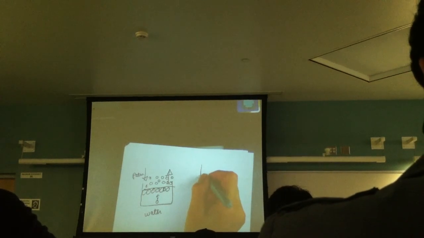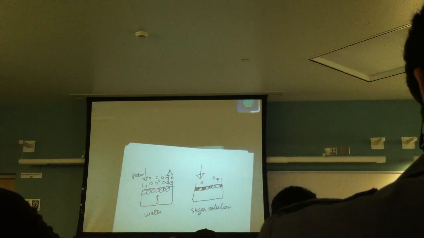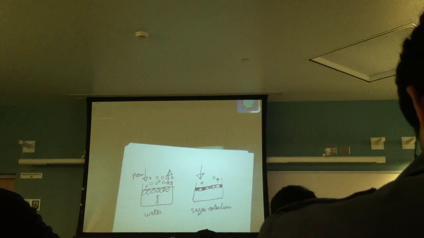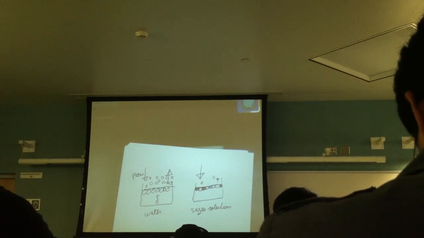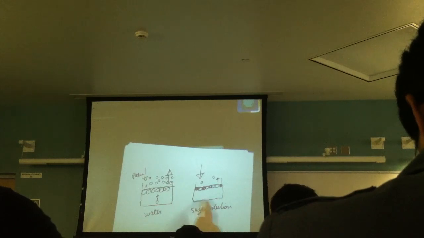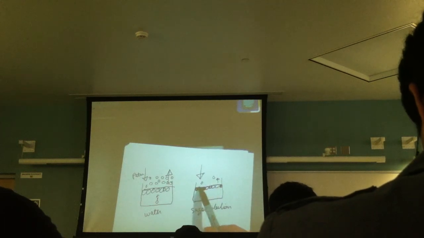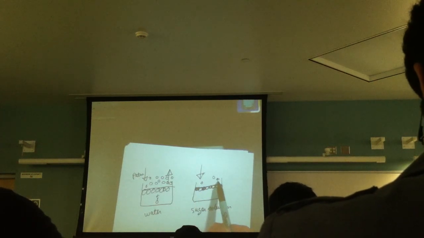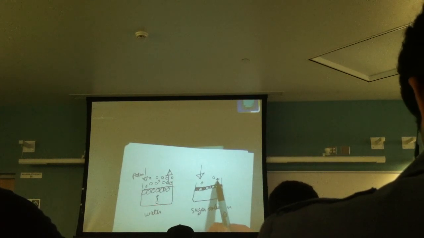Look at the pressure of the atmosphere, big. Look at the pressure of the water, very small. It's not going to boil. So what do you need to do? You have to heat more, to do what? To break the bonds, so you get more vapor. One more time. The vapor pressure of the water is small. Look how small the arrow is. I have to make that arrow bigger.